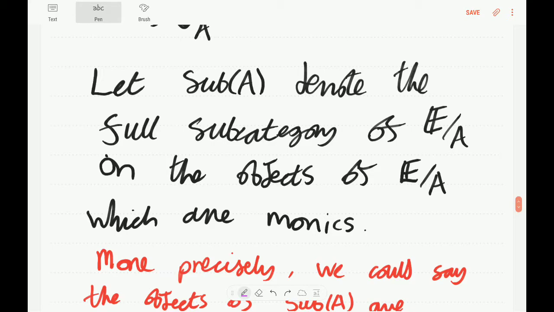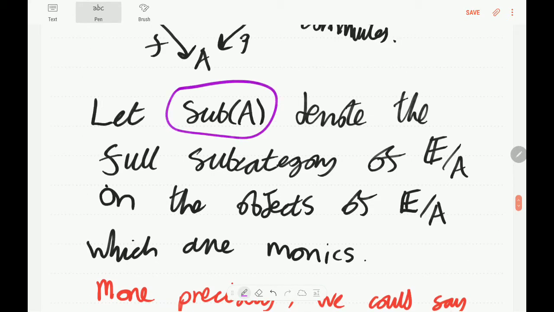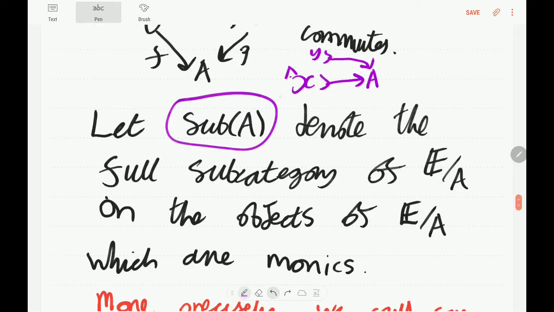So basically this category, which is our main thing of interest, has objects that are monics, or equivalence classes of monics, and we'll have an arrow from a monic X of A to a monic Y of A if and only if X is contained in Y. So that means there exists a monic K such that Y after K equals X, okay?